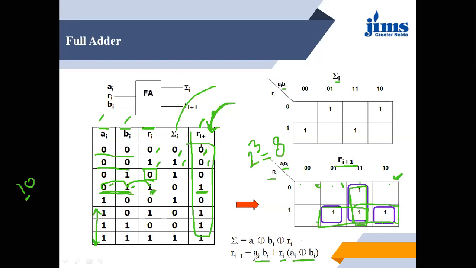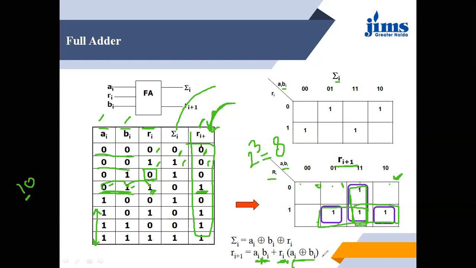So we are getting ai and bi, the multiplication or AND between these two, plus ri, the carry from the last digit, multiplied by the XOR between ai and bi.